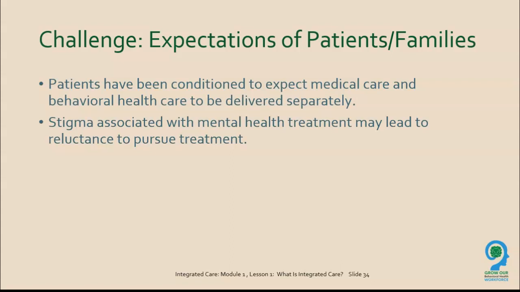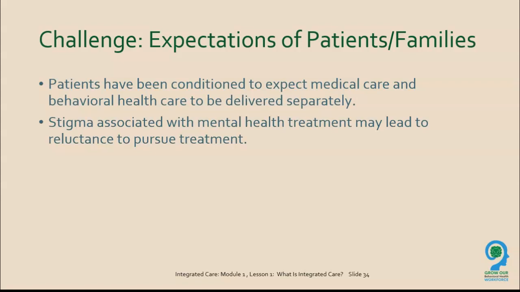Challenge: expectations of patients and families. Just as providers expect care to be delivered piecemeal, patients and families have been conditioned to expect that medical care and behavioral health care be delivered separately. So, especially if you have a complex patient, they may go to 6 different doctor's offices just to receive the care they need.